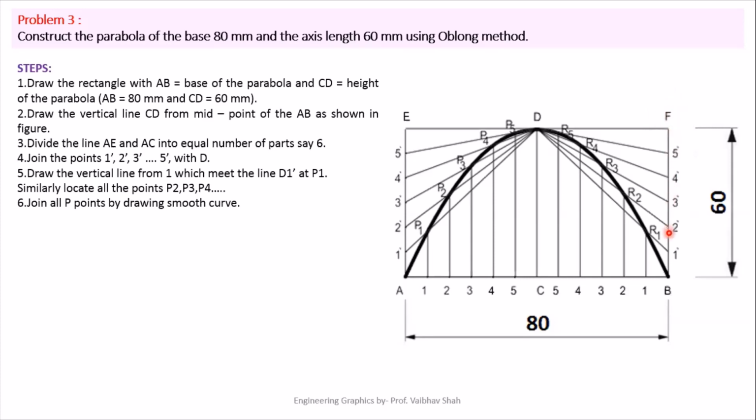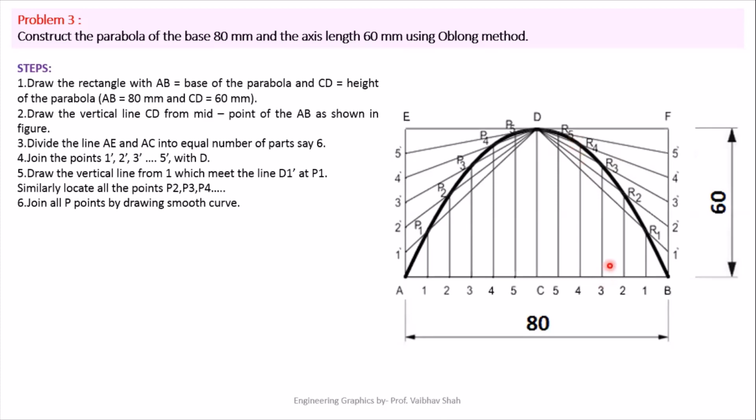Now let us join all of these points to your vertex point D. So we'll be joining this 1 dash with D, 2 dash with D, 3 dash with D, 4 dash with D, 5 dash with D. So after joining these points, we'll be just drawing vertical lines from 5. So 5 vertical line will intersect 5 dash D line somewhere here. From 4, the vertical line will intersect 4 dash line somewhere here.